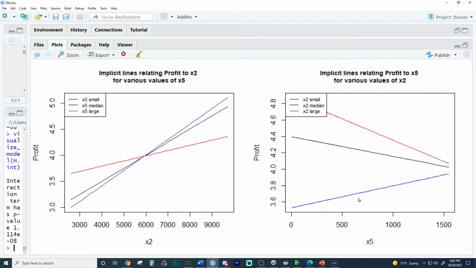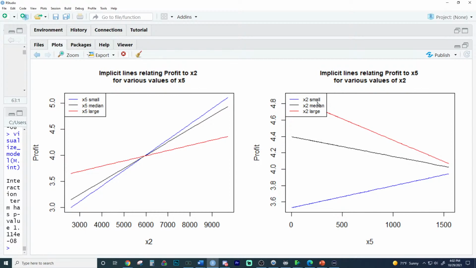The key thing to notice about the way in which x5 explains profit, what word am I looking for? This is the thing you must know about interactions. If x5 has an interaction with another variable, the way in which x5 explains profit would what? Because if x2 is small, x5 has a positive slope.